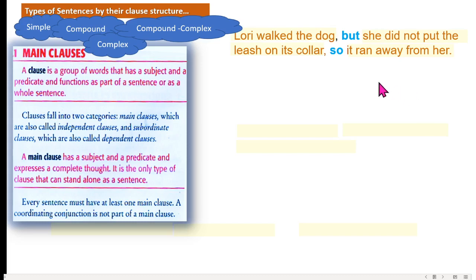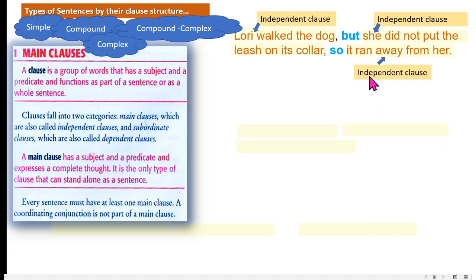They are independent clauses, and they are connected by the coordinating conjunctions but and so. One independent clause: she did not put the leash in its collar. It ran away from her. All of them are independent clauses. So this is a compound sentence. We use coordination to write compound sentences.